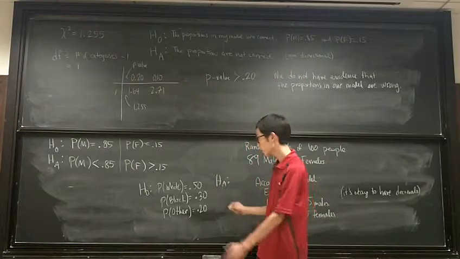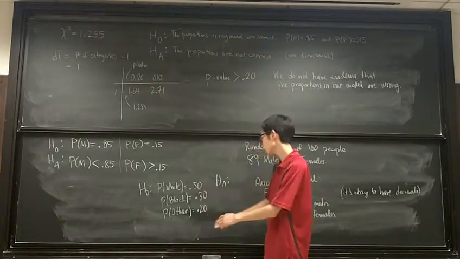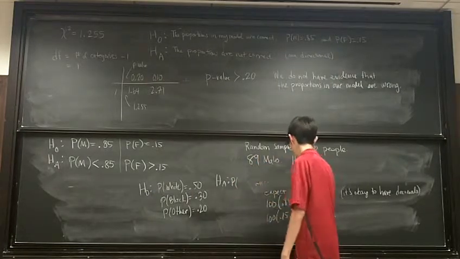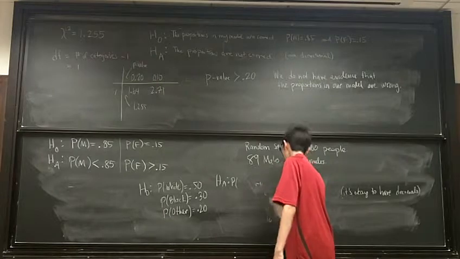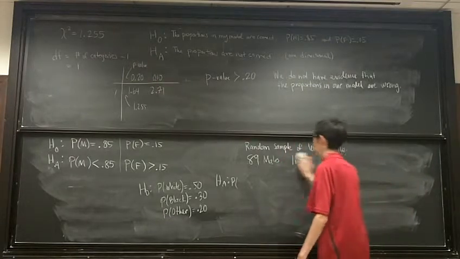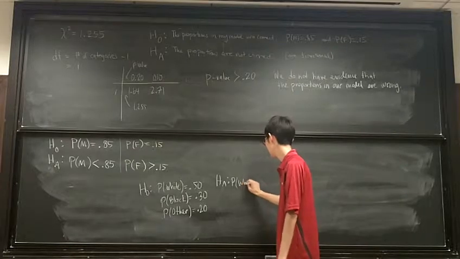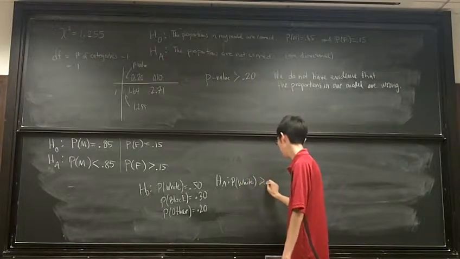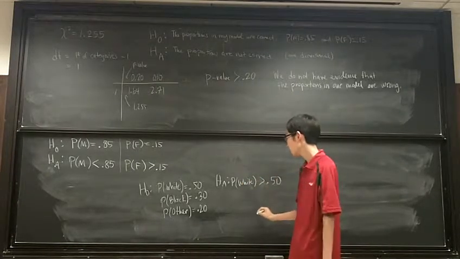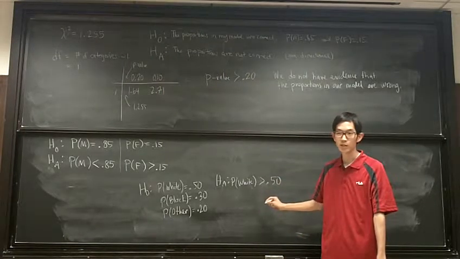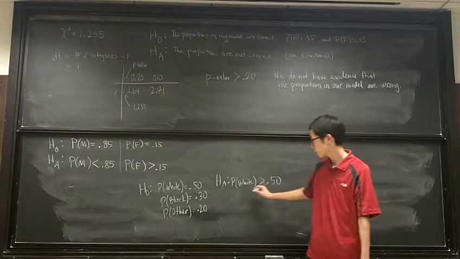Now if somebody says, oh, that can't be right, I think the military is more than 50% white, and they put this, then what happens to the other two categories?